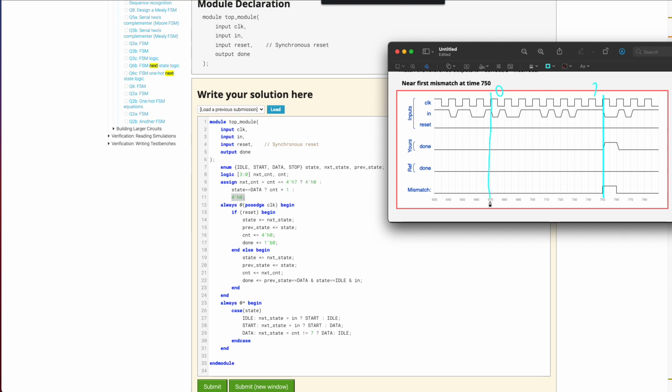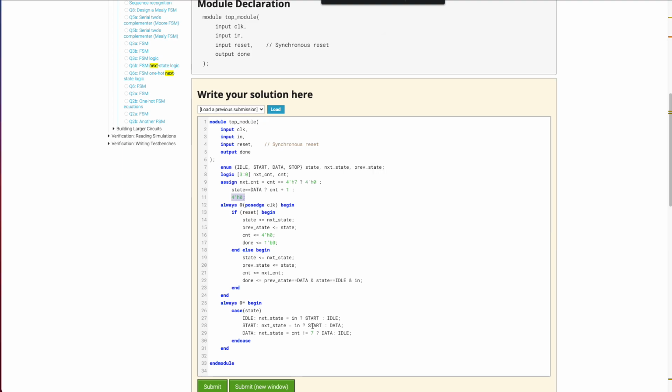Then working backwards, what goes to data if we're at start and in is 0? So this is saying this is start and in is 0. Start and in is 0.